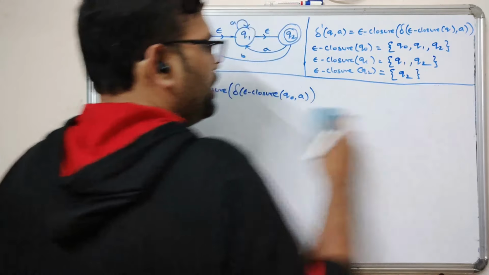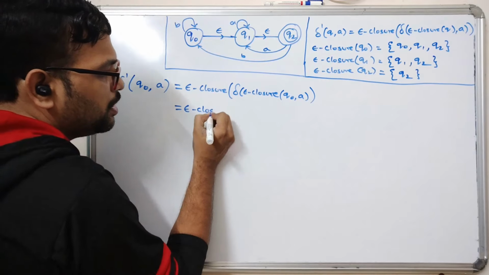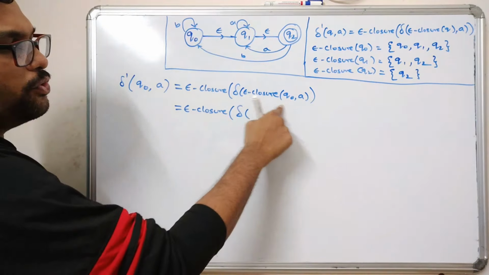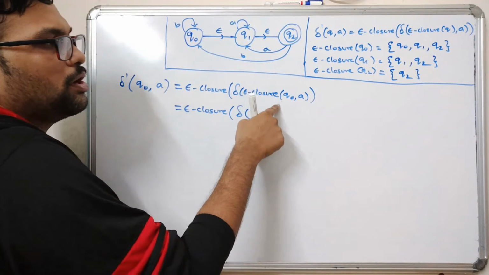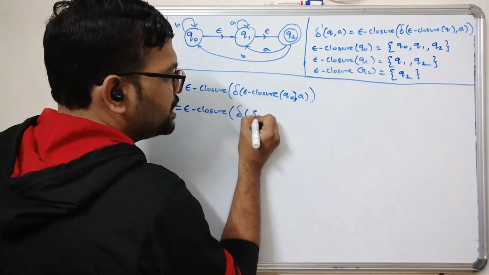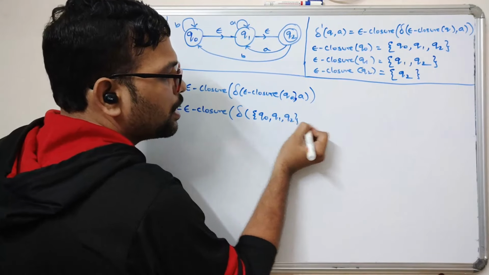Epsilon closure of q0 is q0, q1 and q2, comma a.